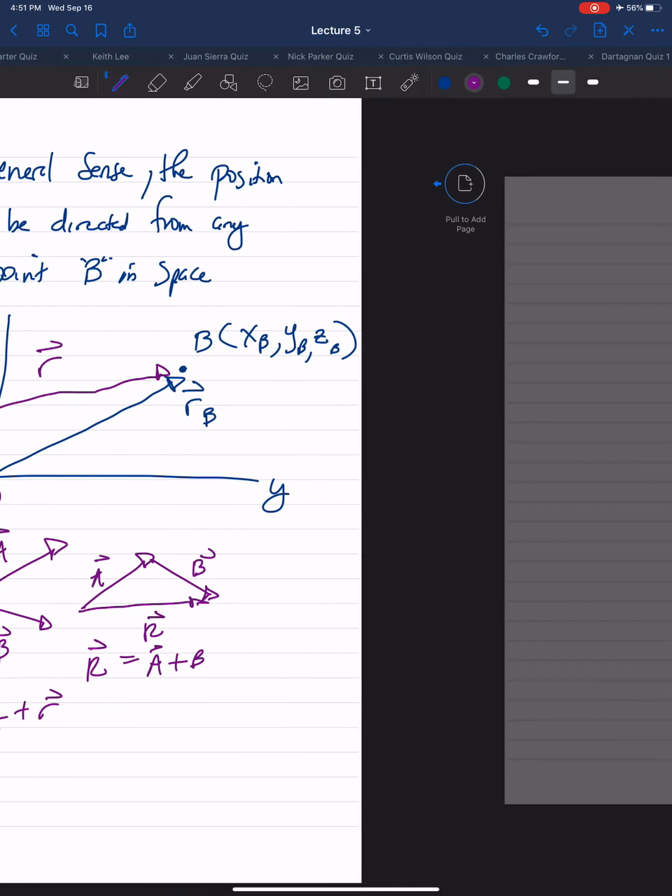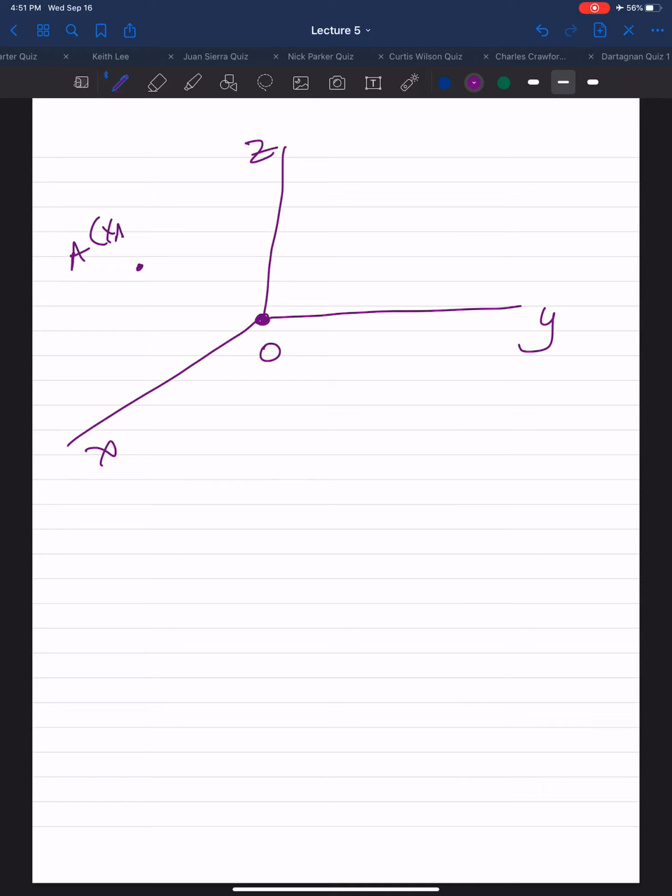So let's rewrite that on the next page to make it look neater. Once again, the origin, we have some point A, given by the coordinates xA, yA, zA.